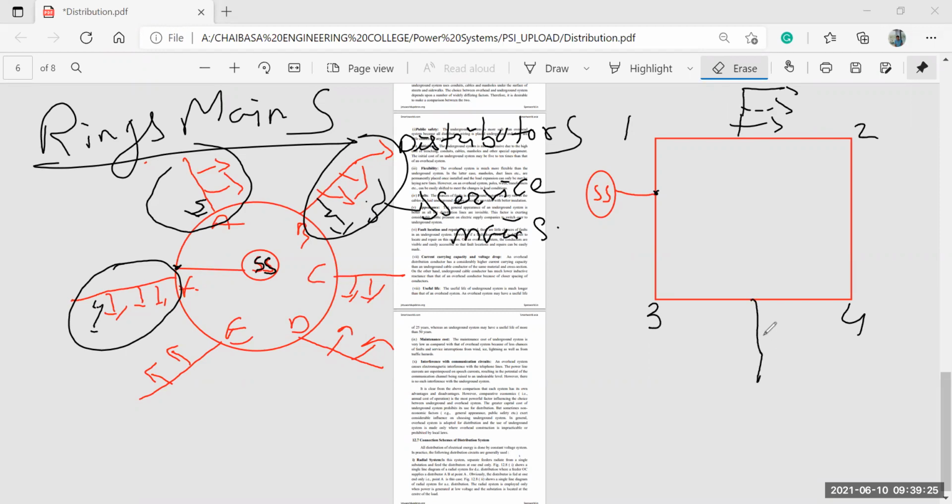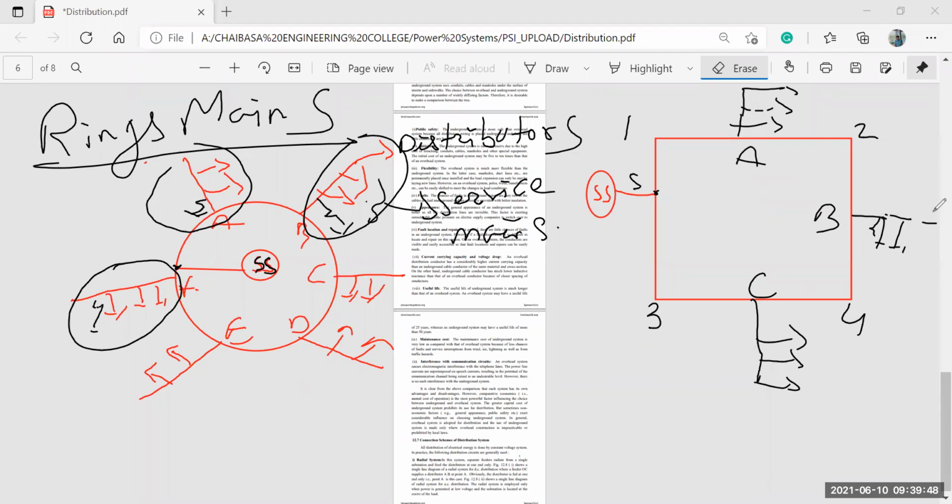From each, I'm taking out a few. At this end it is your substation, point S. This is your 1, 2, 3, 4, and we'll name them A, B, and C. Now, this is your distributor part.